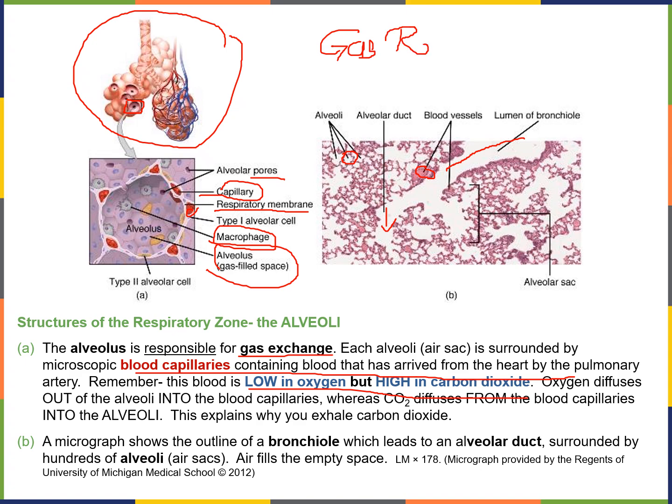So we use this word respiration in 3 different contexts when we're learning anatomy and physiology. We talk about cellular respiration, which is the combustion of glucose that occurs in the mitochondria. Then we talk about internal respiration, which is the gas exchange that occurs between blood and tissues of organs in the body. And we talk about external respiration.